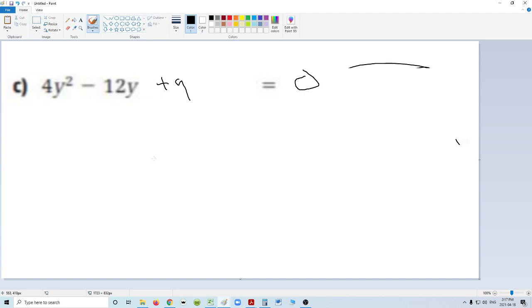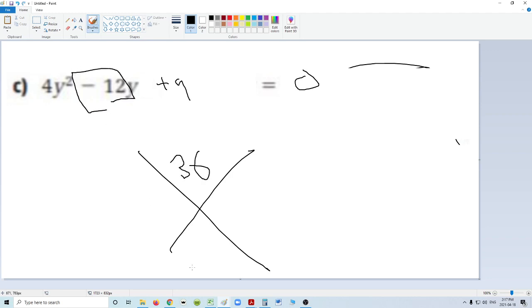I have to multiply the 4 and the 9 to realize I'm seeking a number that multiplies out to 36 but adds up to minus 12. A little tougher. We're looking for numbers that are sort of in the middle, like 6 and 6. And sure enough, there it is. Minus 6 times minus 6 will make plus 36, and they add up to minus 12.